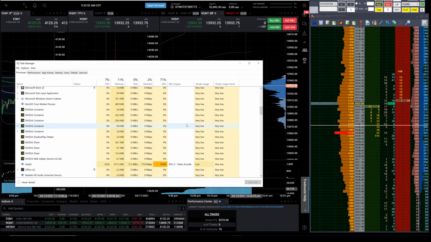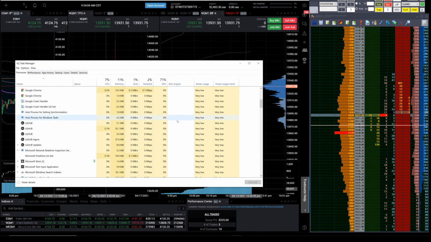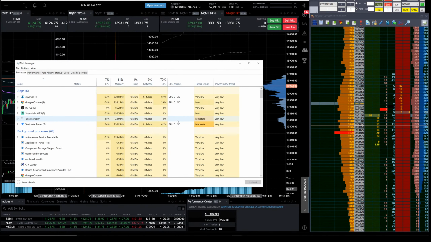I also understand that the OBS encoder is a little bit slicker and better than the Streamlabs, so I'll have to look into those things. But so far it's running 70%. Temperatures are good. No problems there.